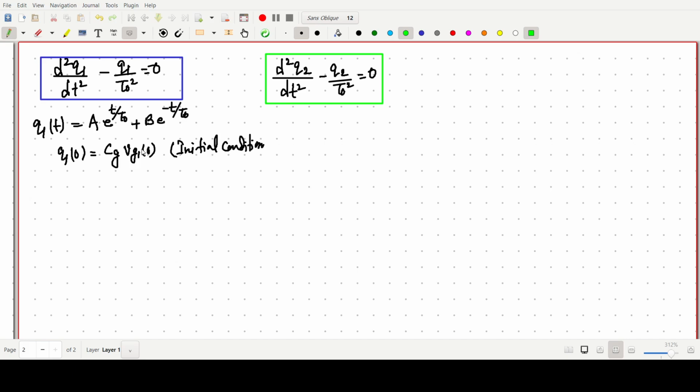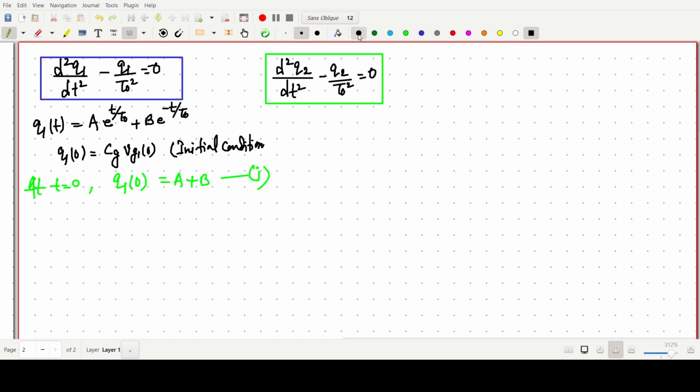So now this one is one expression. Okay, so now what we can do, at t equals to 0 we can say q1 at 0 equals to a e to the power 0 plus b e to the power 0, so a plus b. Say equation number 1.